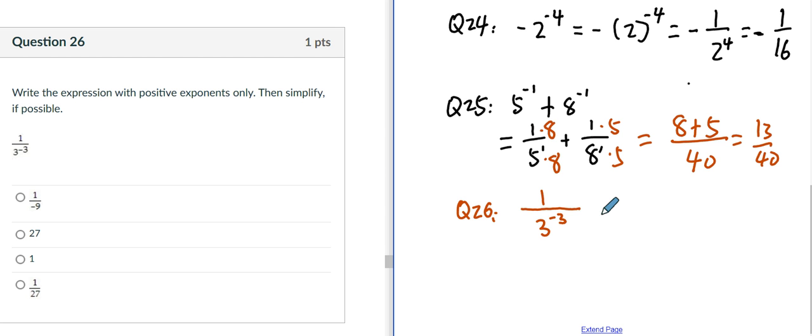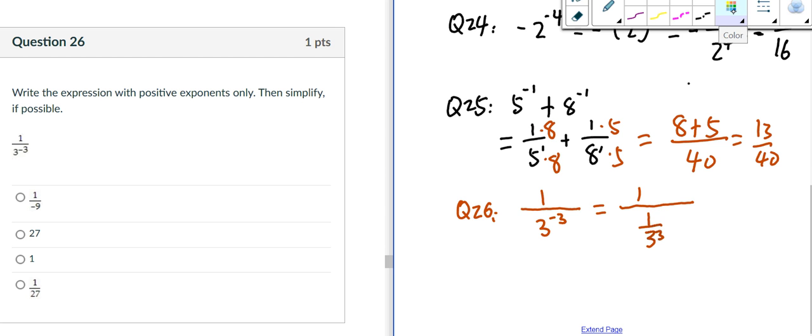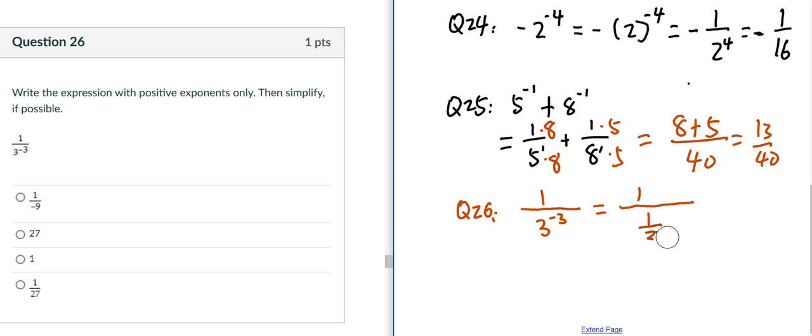You may agree that in order to eliminate the negative sign, you would write 1 over 3 cubed. Let me erase that and write it better.